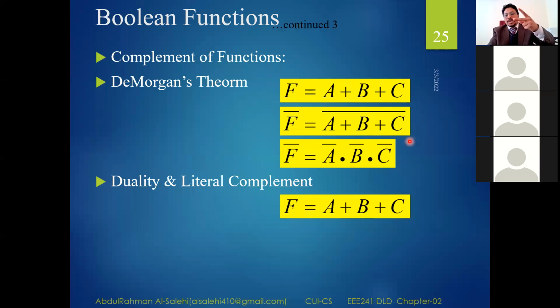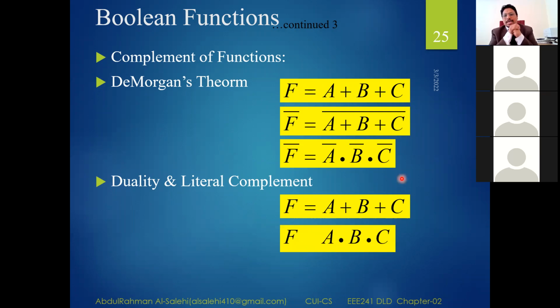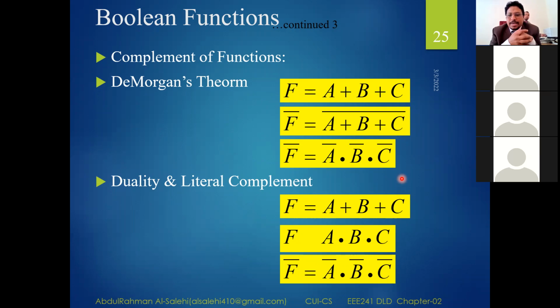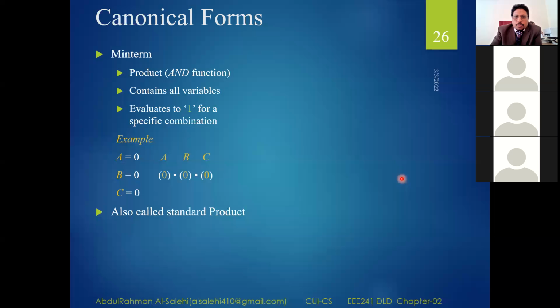For example, first of all, you will take the complement, you will change the OR gate to be an ANDing gate. Then from the ANDing gate, you have to take the complements. You will find these things in front of you all the time during this course and during your designing, and you will use them many times.